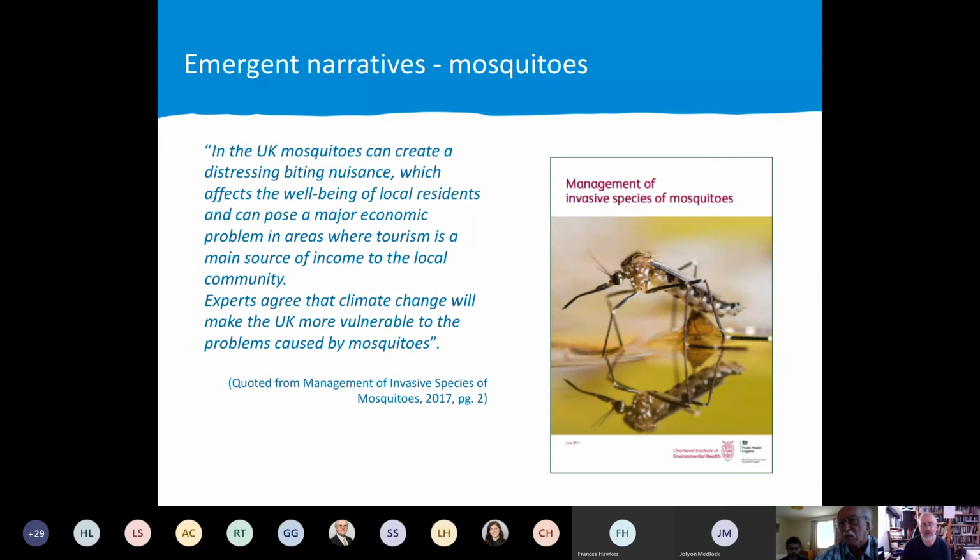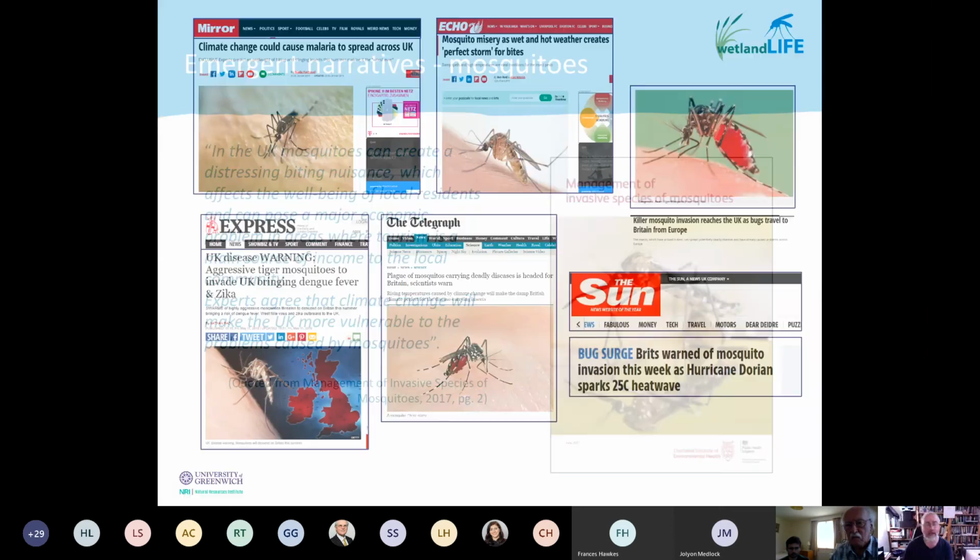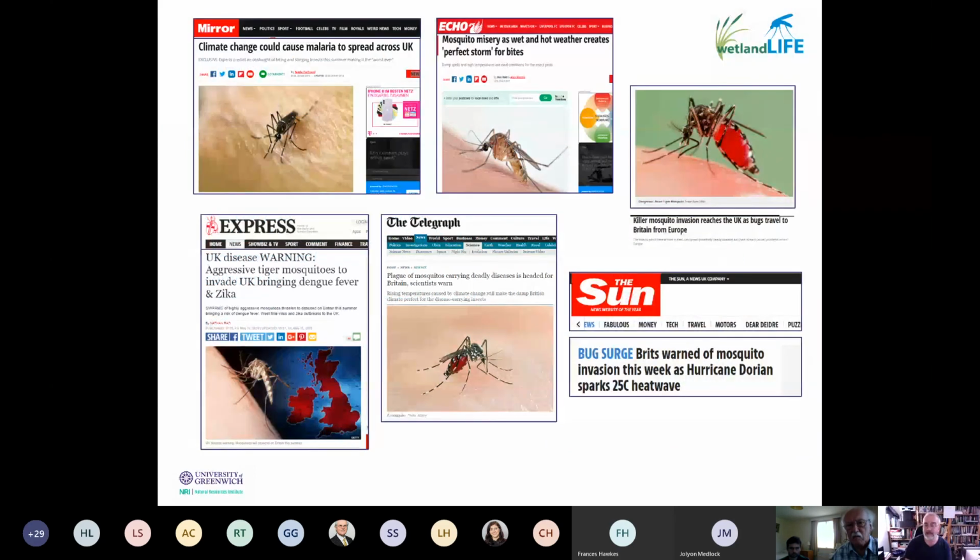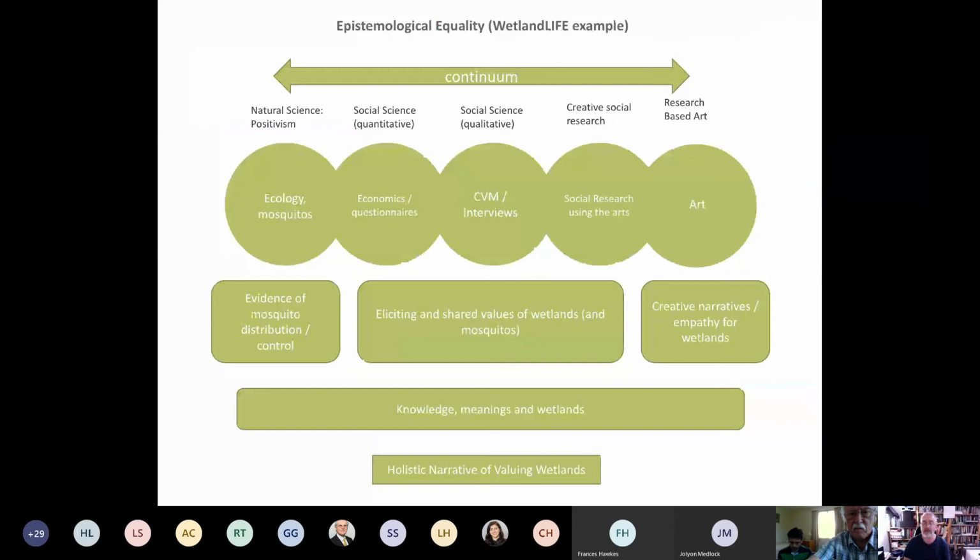So we see headlines from the Mirror, from the Sun, etc., all about the potential negative disbenefits of mosquitoes. So wetlandLIFE was set up very much as an interdisciplinary project with mosquitoes at its heart, to be able to look more broadly at how mosquitoes can be valued, their importance in wetlands, and thinking about the effective management of mosquitoes as well.